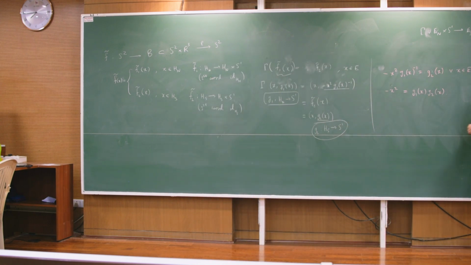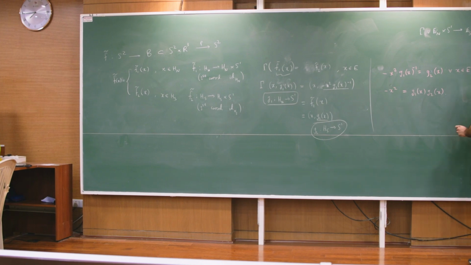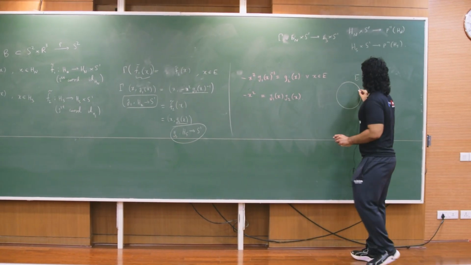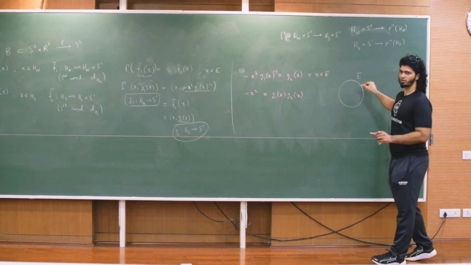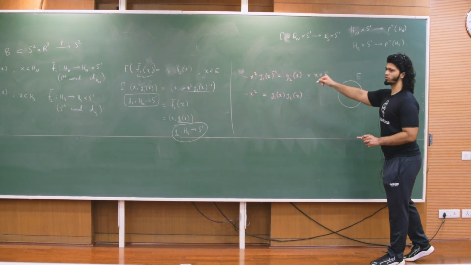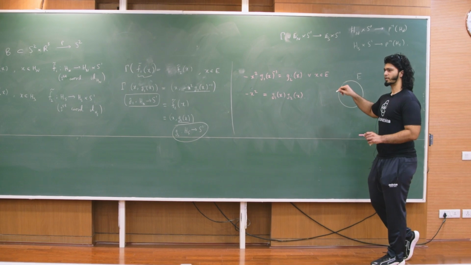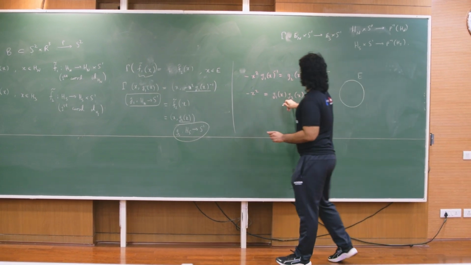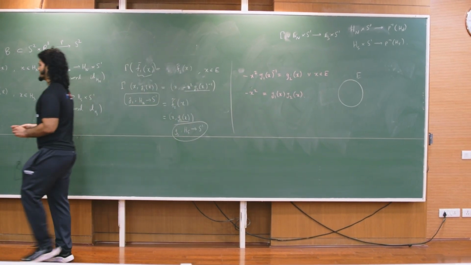So think of it like this. So you have E, when x goes around the circle once, the left hand side goes around twice, right? The squaring map. And this thing we don't quite know, but we have the equality.